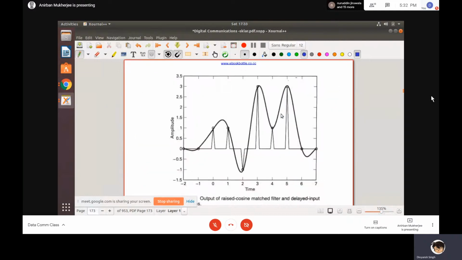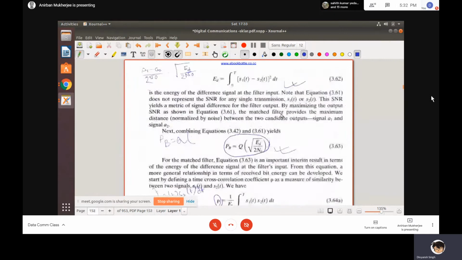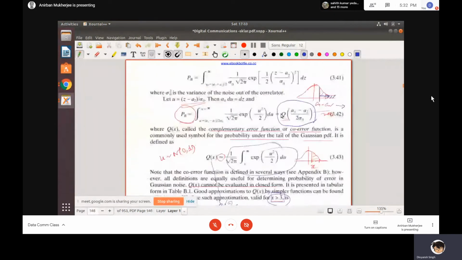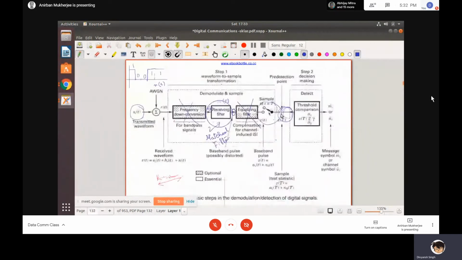So if you see the block diagram, this is my equalizing filter.